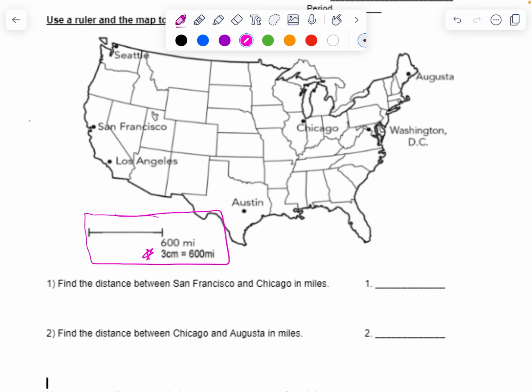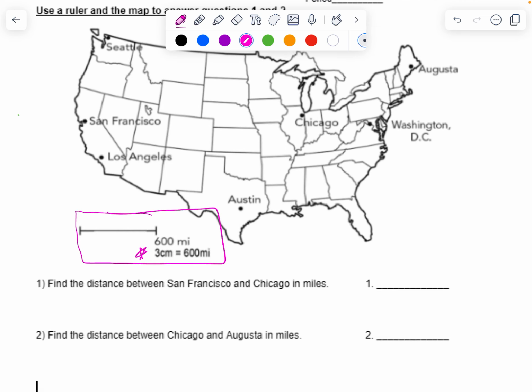Remember that we're going to make proportions. And we're always going to compare the model number, or the map in this case, over the actual. So the first one is the distance between San Francisco and Chicago. Our first ratio is going to be really this right here, our scale. So we're going to do 3 centimeters on the map is 600 actual miles.